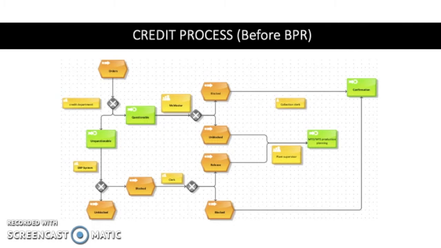At the end, all the released orders will flow to the next steps in the whole order process, MTO or MTS production planning by a plant supervisor, and the rest will go to another collection clerk for confirmation. From the existing process, we discovered the weaknesses as below.